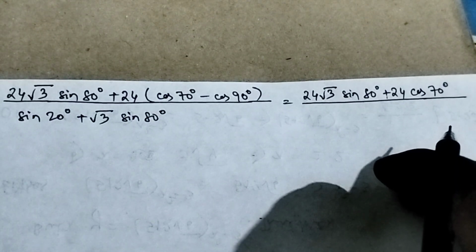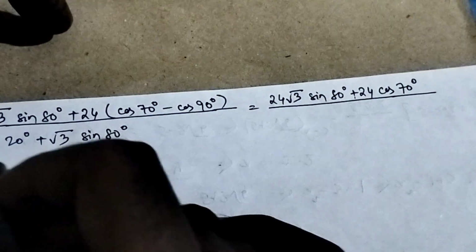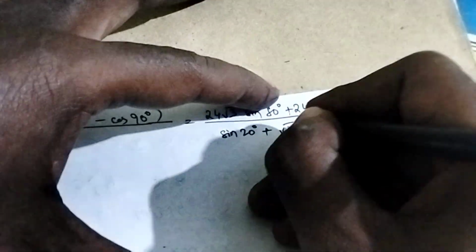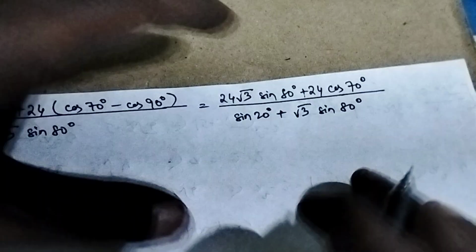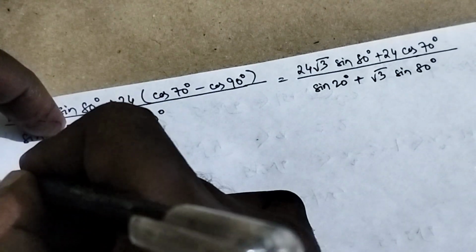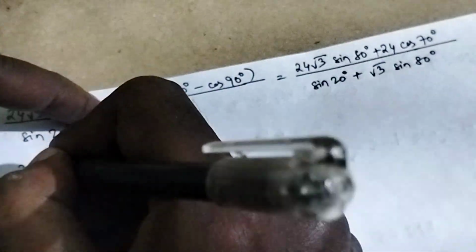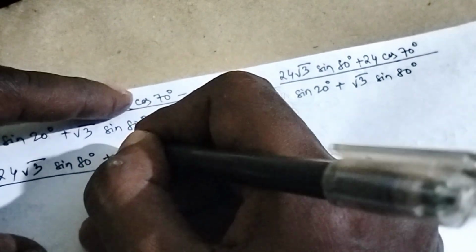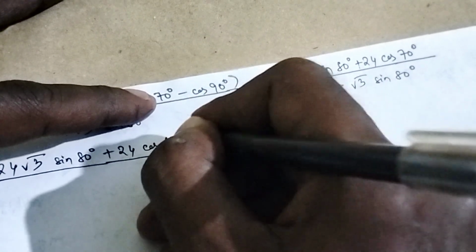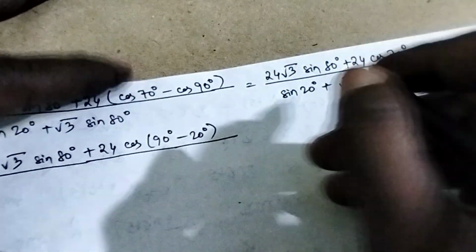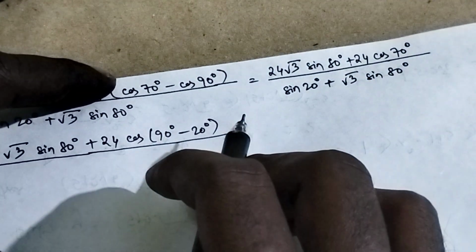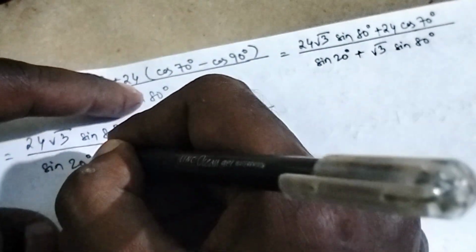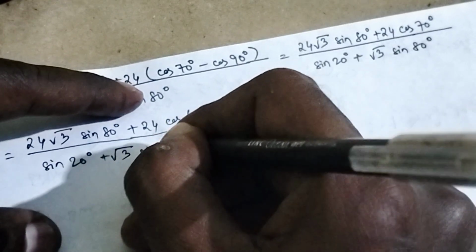Isn't it so? In the denominator, sin 20° plus root 3 sin 80°. Now this cos 70° can be written as cos of 90° minus 20°.